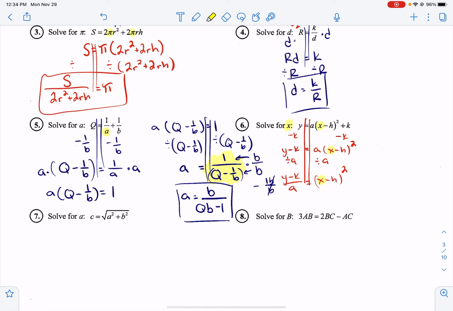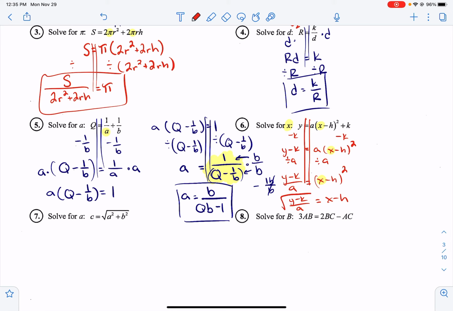So x is still stuck on the inside. The way I get rid of that is by square rooting, because I have a square on the outside. The opposite is to square root the left and the right. On the left, I get the square root of y minus k divided by a, and that's going to equal, now my square is gone, so I just have x minus h.